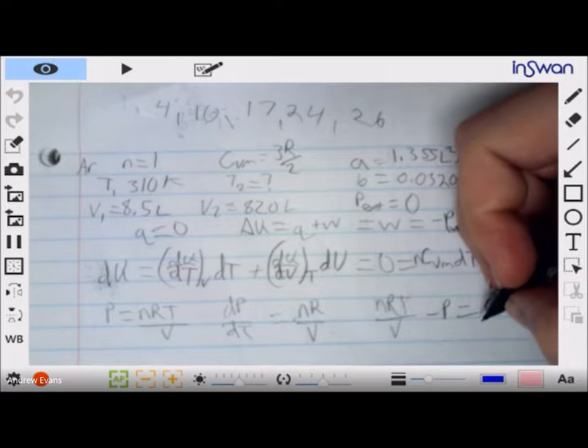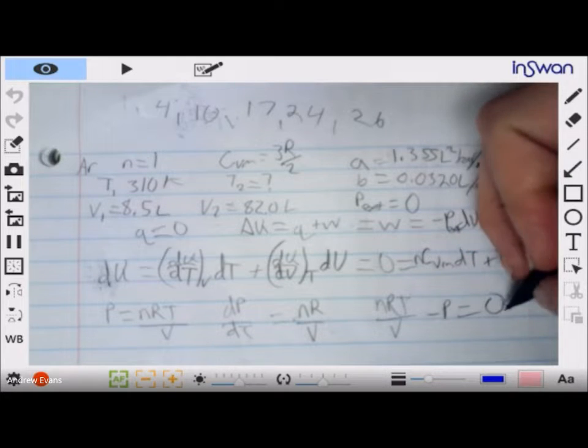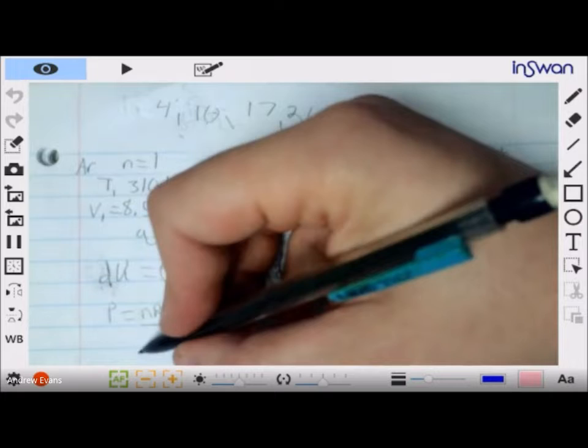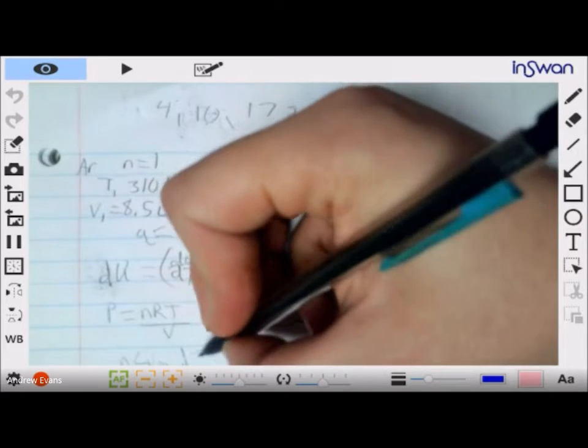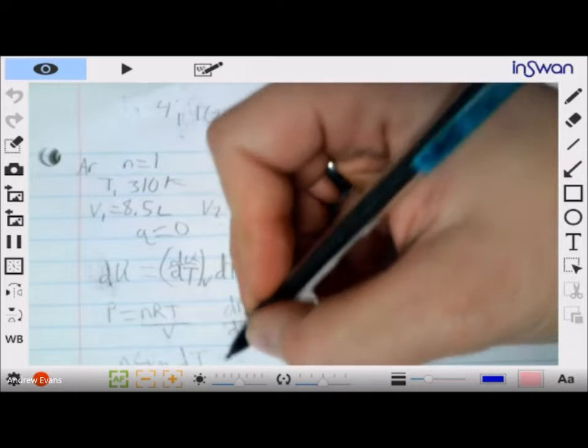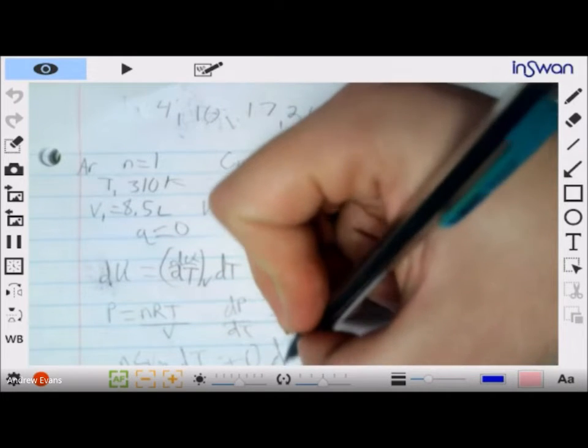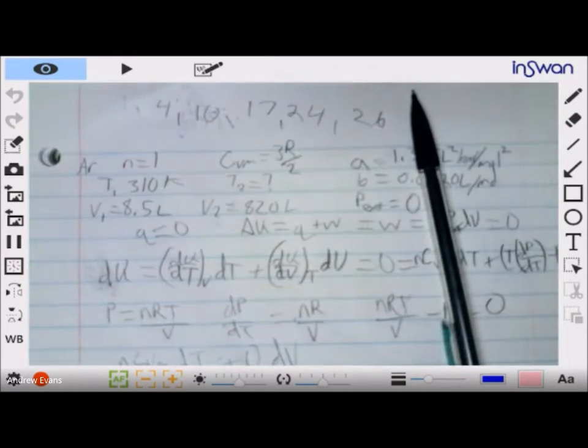So for an ideal gas, you're going to have C sub V sub m dT plus 0 dV, meaning for an ideal gas the right term must equal 0.